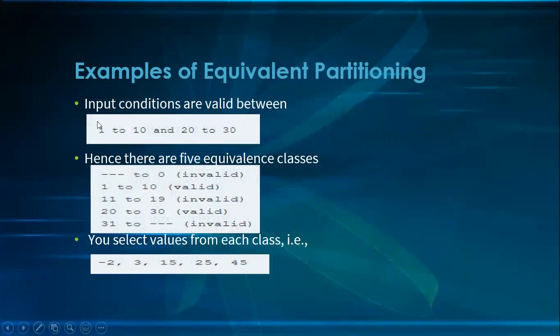If you look at this, there are two things that we asked here. There are two conditions, 1 to 10. Forget and, use the word and. So there's nothing in between here and 20 to 30. In this case, the reason why we are doing the equivalent partitioning is that we want to be able to test various conditions.